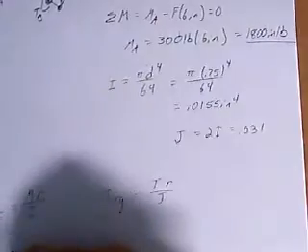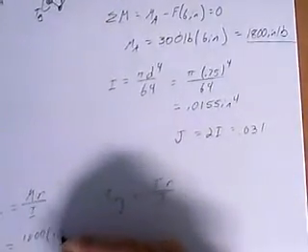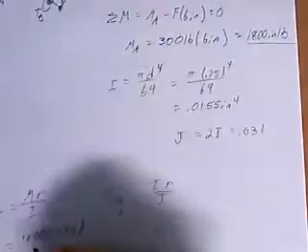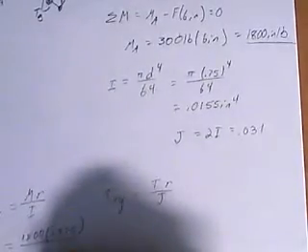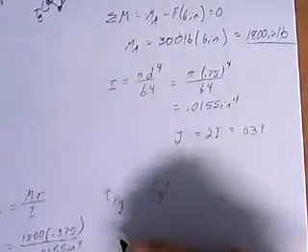So putting in those values, it's 1800 times 0.375, which is the radius, over 0.0155 inches to the fourth.